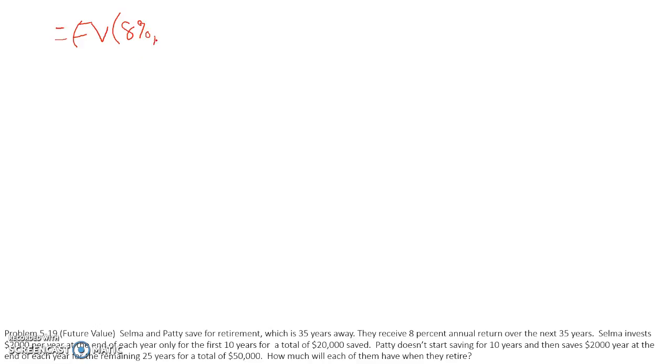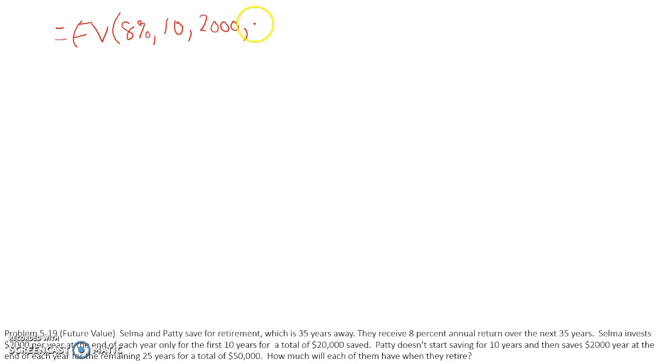Comma, we want to put in the number of years, NPER, so we know it's 10 years. And the payment, the cash flow in of $2,000 at the end of each year for the 10 years. And we don't have a future or present value because she's starting out with nothing.